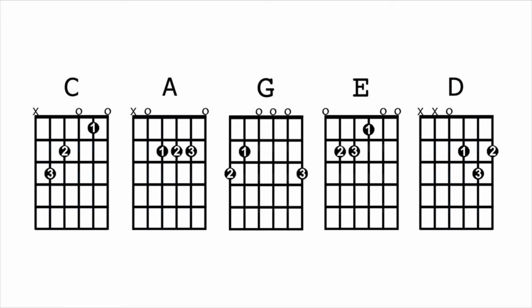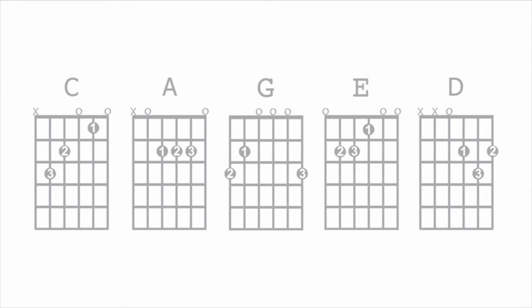Now, if played by themselves, these chords can be a little elementary and kind of boring, but they actually serve a bigger purpose in what's called the CAGED system. The word CAGED is just a sequence of those chords: the C chord, A chord, G chord, E chord, and D chord. So we'll start with the C chord.